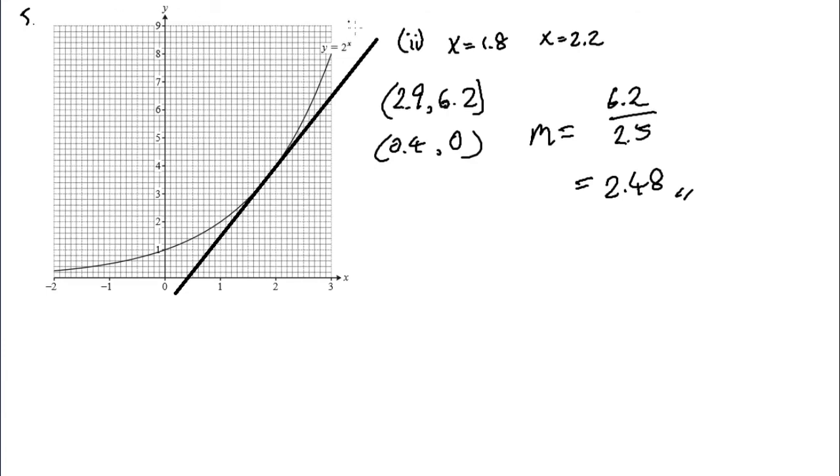Now I need to do part 2, which uses the y of these 2 values to find another approximation of the gradient. And so for x is 1.8, y is 2 to the 1.8, which gives me 3.4822.